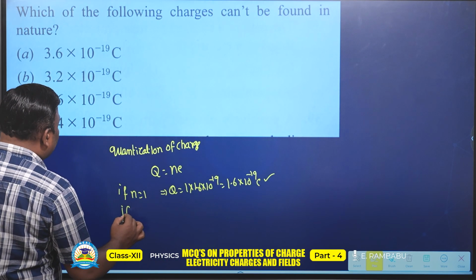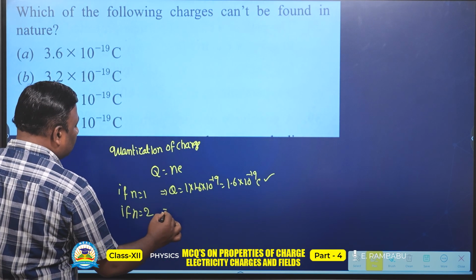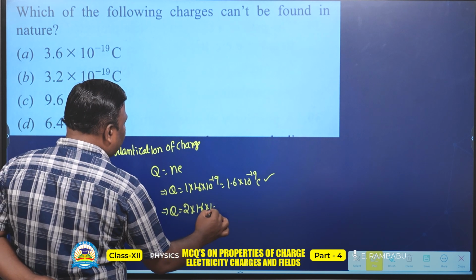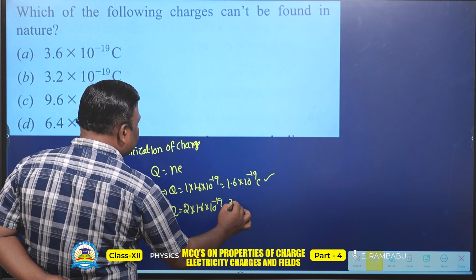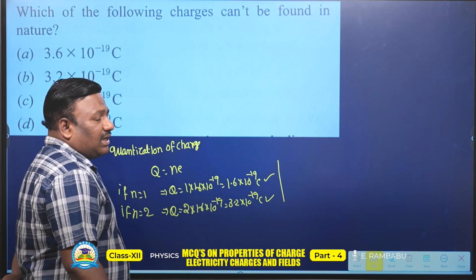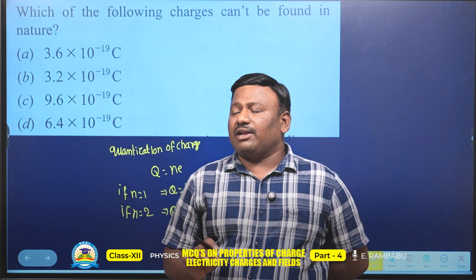Next, if N is equal to 2, Q is 2 into 1.6 into 10 to the power minus 19, which is 3.2 into 10 to the power minus 19 coulomb. The N value must be an integer.